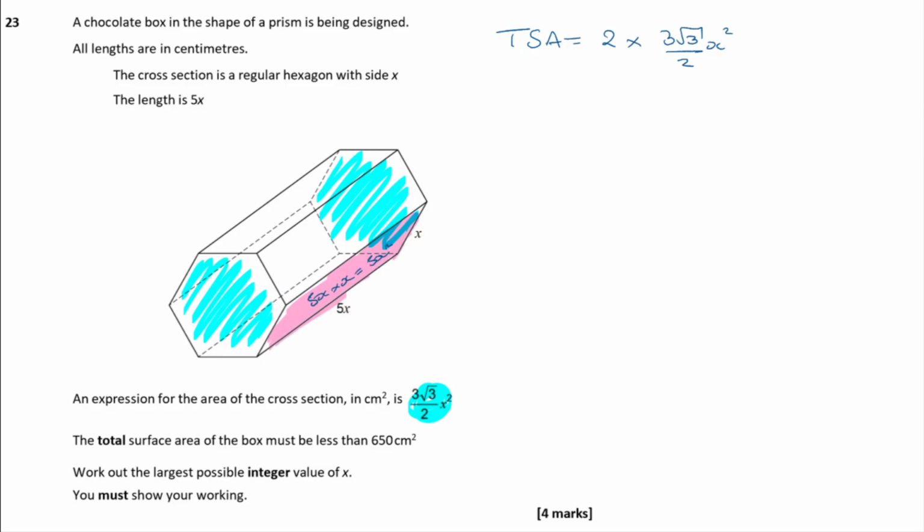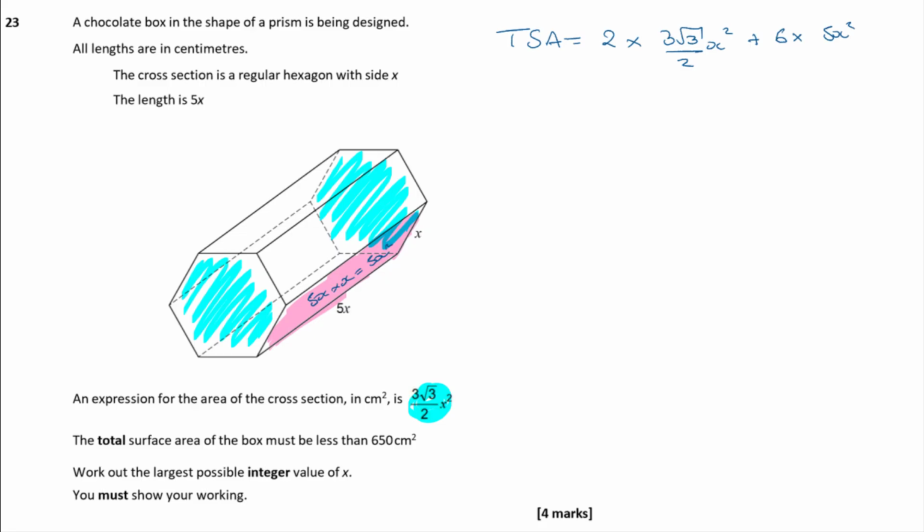And actually, because it's a regular hexagon, all of those 6 faces along the sides are going to be the same. So we're going to have 6 of those. So I'm going to add on the 6 rectangular faces of the prism, and each one of those is 5x squared. Okay? So we just need to tidy this up now.